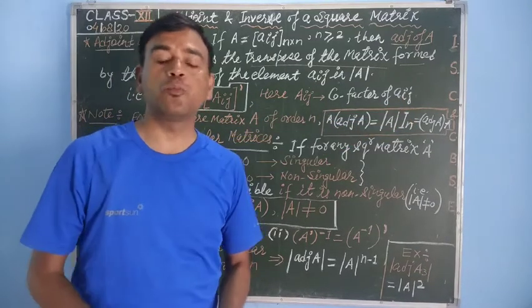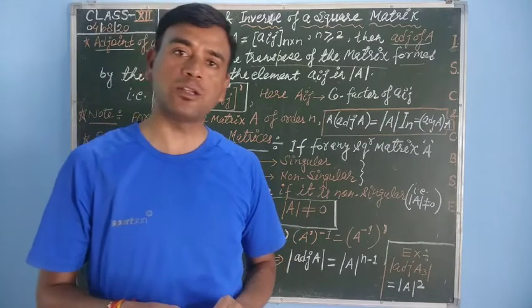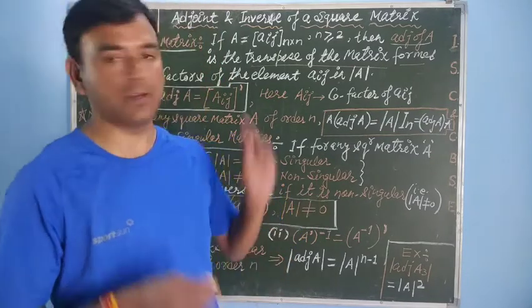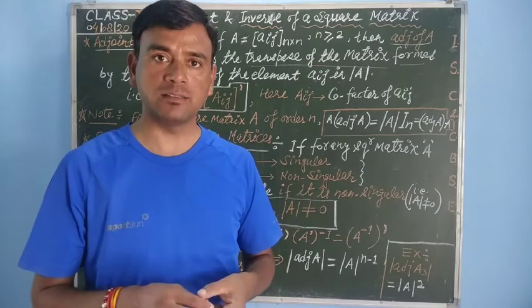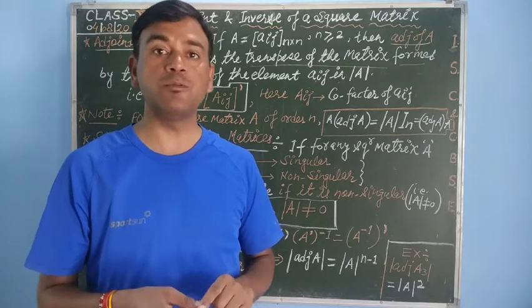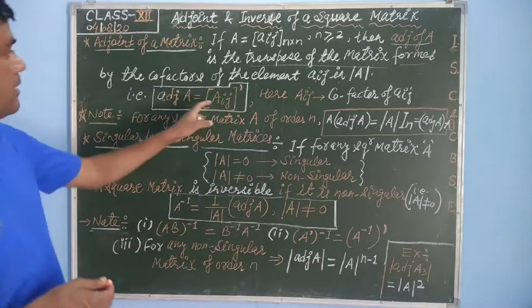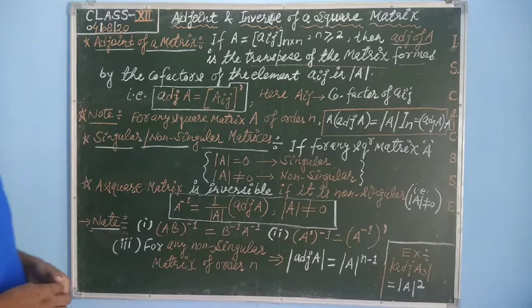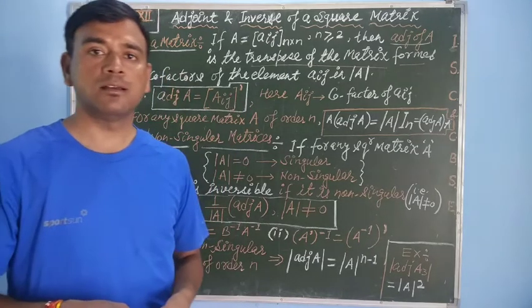It means to find the adjoint of any matrix, first of all we have to find the cofactor of all elements of determinant A. Then we have to form a matrix of all those cofactors with the related elements, and then we have to find the transpose of that matrix, and then we will get the adjoint of that matrix. Later we will discuss this in some examples.